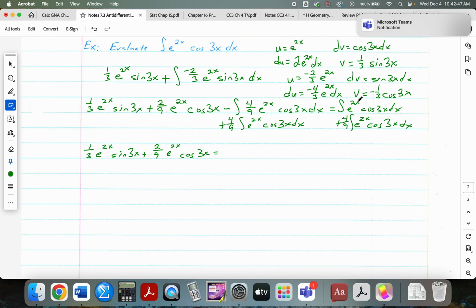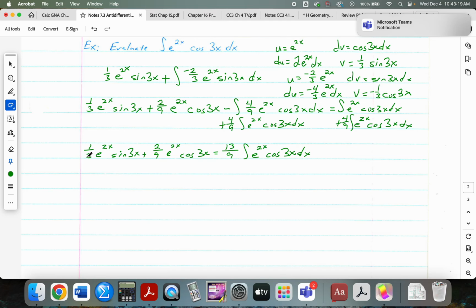And when I add these two things together, I've got 1 times the integral plus 4/9 of the integral. So 9/9 of the integral plus 4/9 of the integral is 13/9 of the integral. So I just need to multiply both sides by 9/13. And I will have solved for the integral.